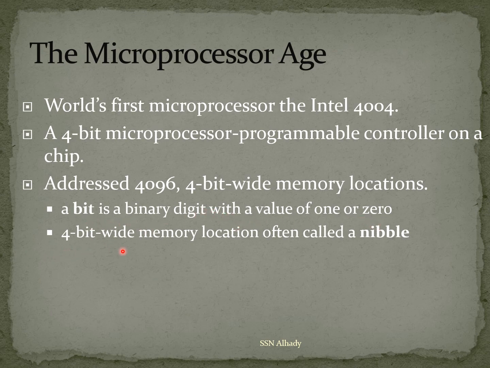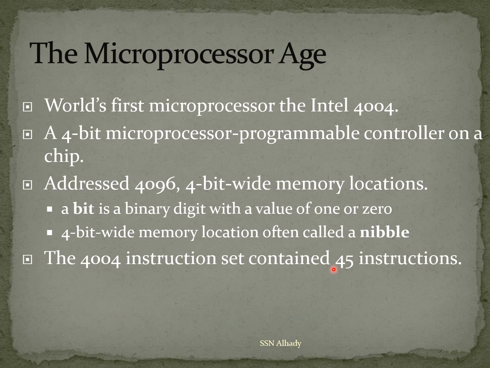A 4-bit wide memory location is often called a nibble. Nibble refers to 4 bits. If 8 bits, we call it a byte. In this first generation of processor, it only has 45 instructions.